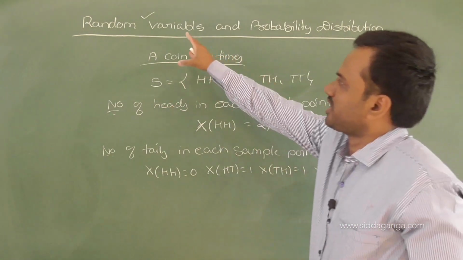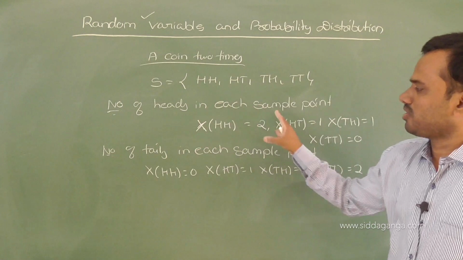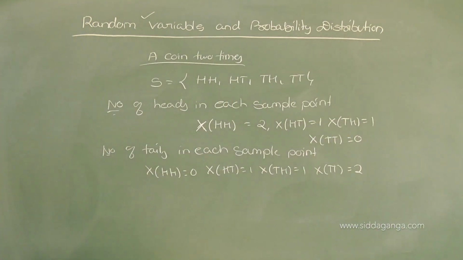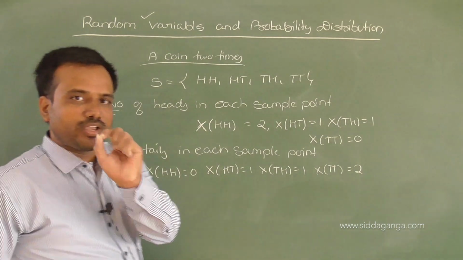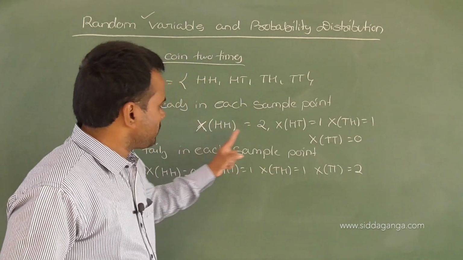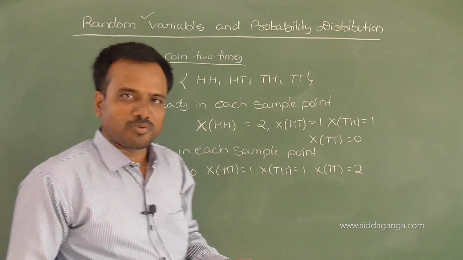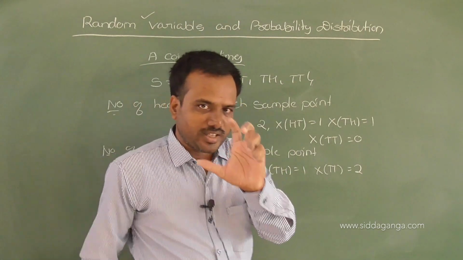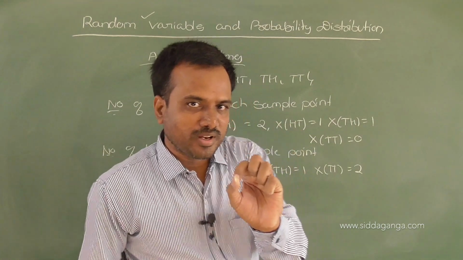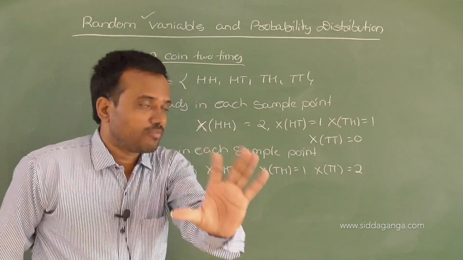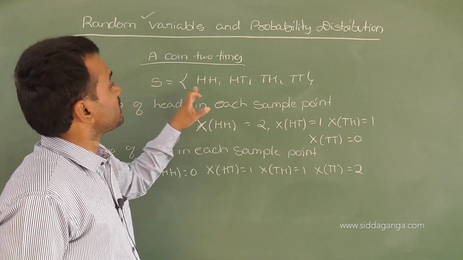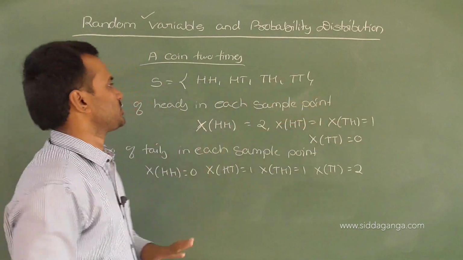This is about the random variables. See here, the number of heads I take, the number of tails. Then we will see the probability distribution. One more very important point, random variables are denoted by capital X, capital Y, capital letters. Once again, the definition: a random variable is a real valued function whose domain is the sample space of an experiment.